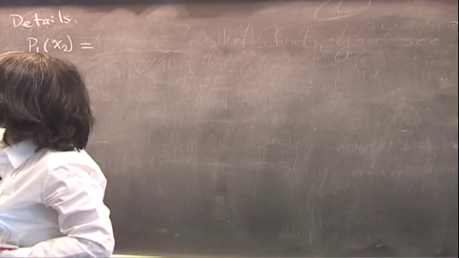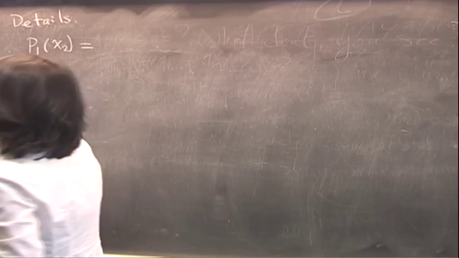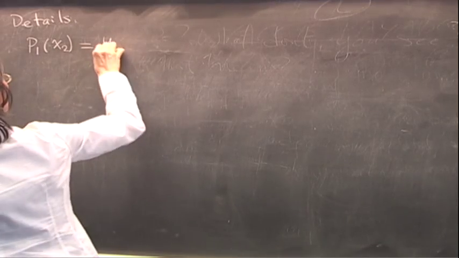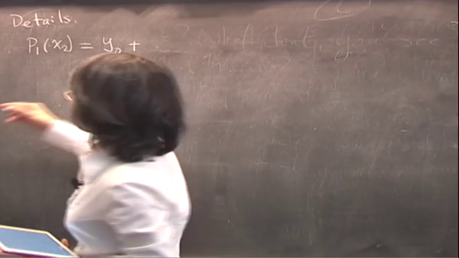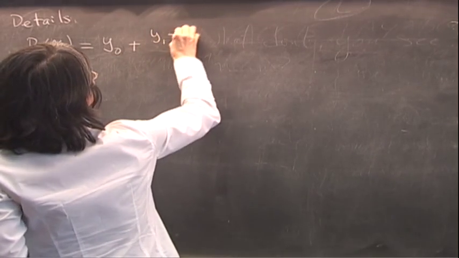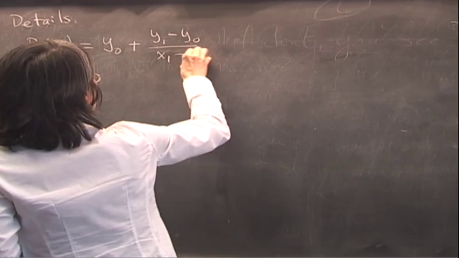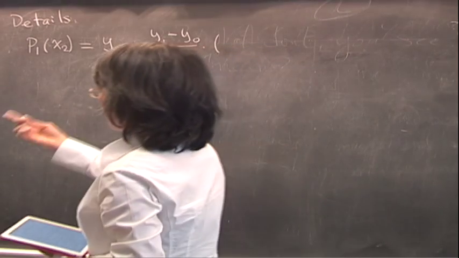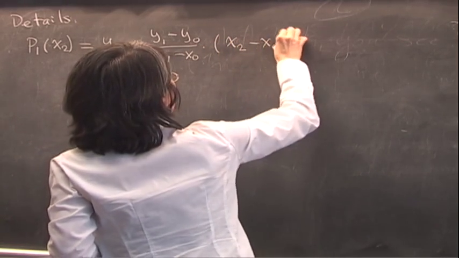P1 equals that, and where A1 equals this, and I'm going to put x equals x2. So this would be P0, which is a constant, so it's just y0, right? Plus A1, A1 is this number, (y1 minus y0) over (x1 minus x0), times (x minus x0). So I'm putting x2 here, so it's x2 minus x0.